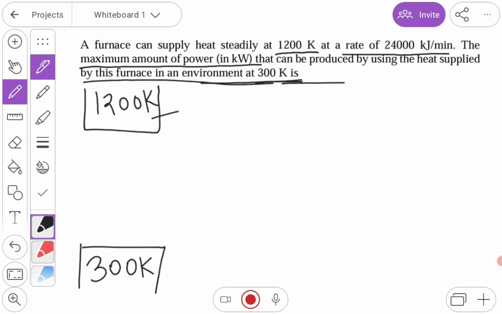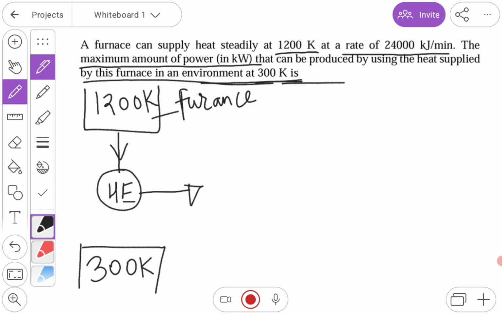Now if this furnace provides some heat input to the heat engine, how much maximum work can be produced or power can be produced from this heat input?